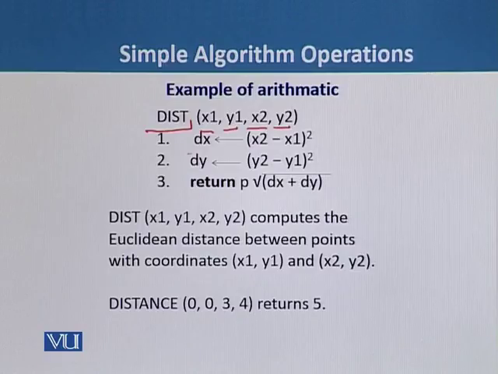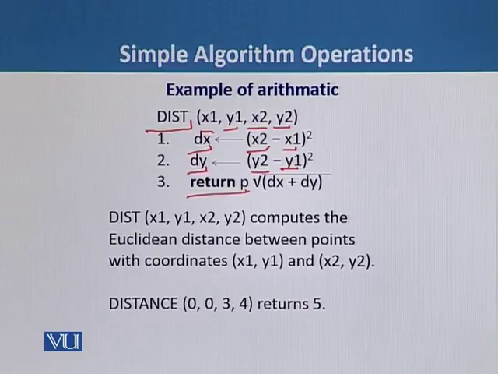Then we have to calculate dx, and we set the value of dx to (x2 minus x1) squared. And similarly for the other point, we set the value of dy to (y2 minus y1) squared, and then we return the answer.